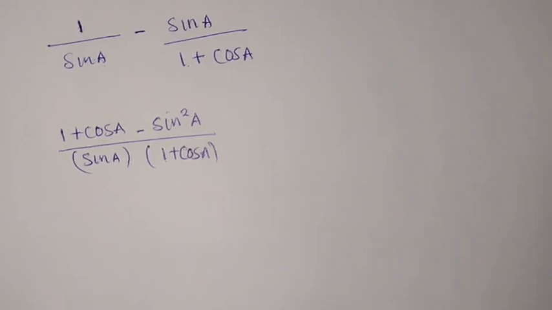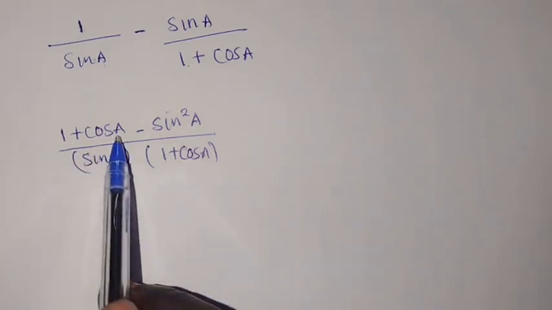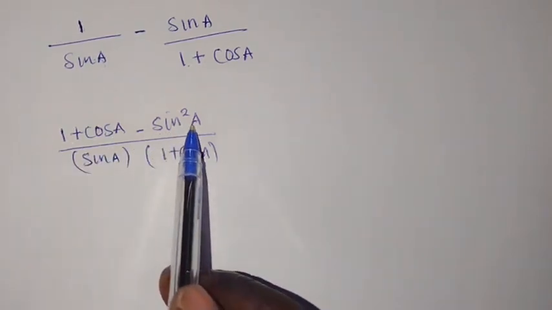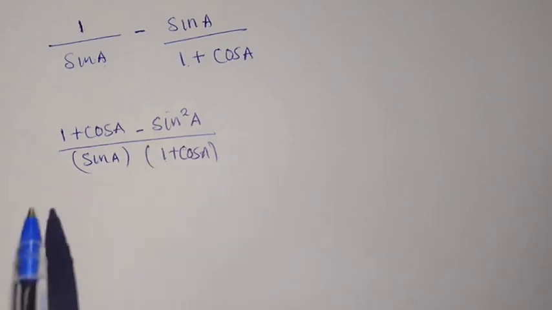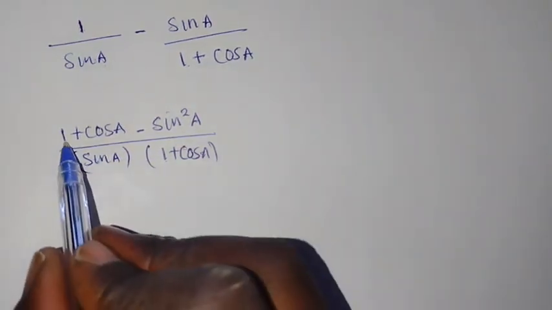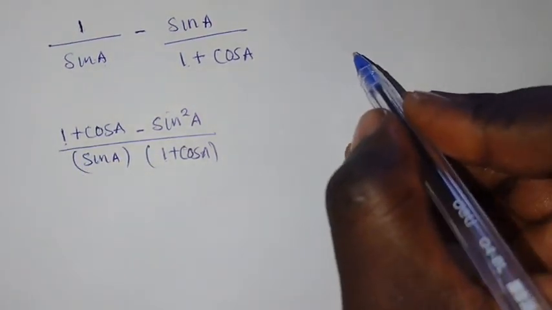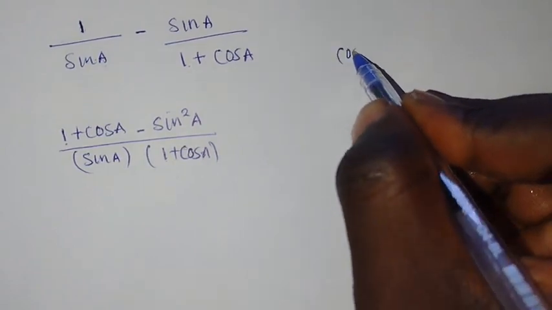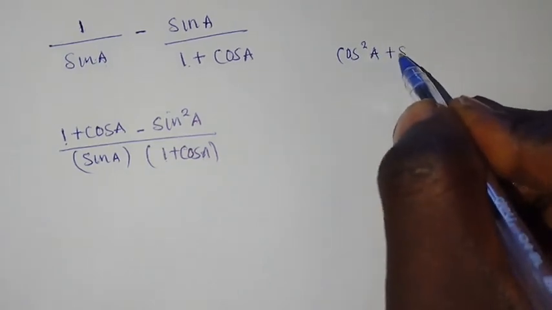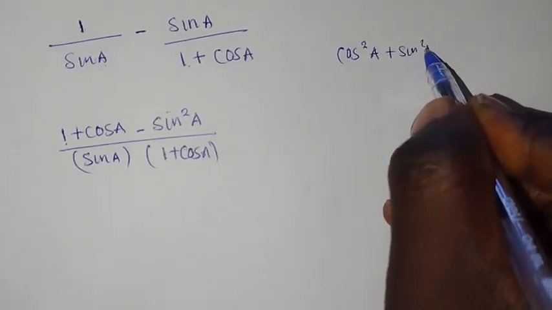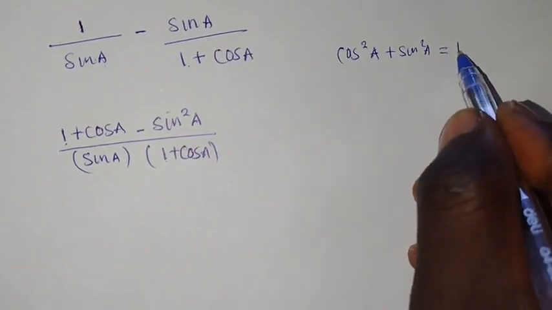From here, since we have 1 plus cos A minus sine squared A, what you are going to do is this. We know that we have 1 here, and we have this trigonometric identity where cos squared A plus sine squared A gives us a 1.